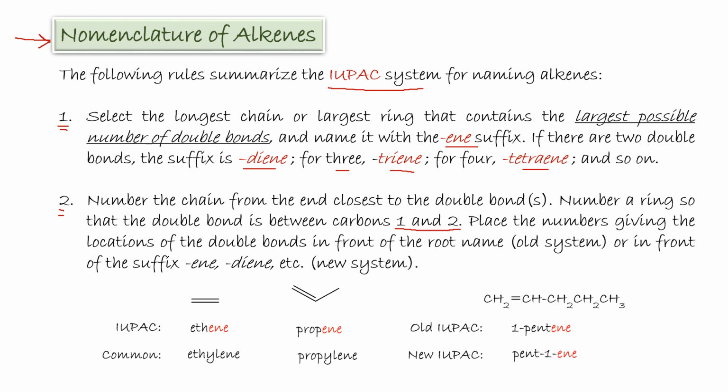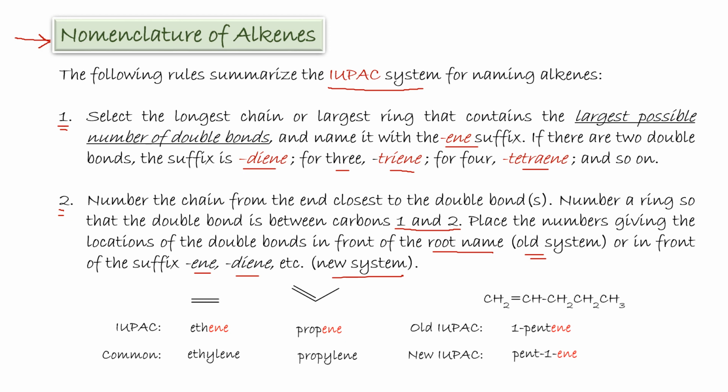Place the number giving the location of the double bond in front of the root. That was the old system before 1993. In front of the suffix "ene" or "diene", this is the new system. What do you mean by that?